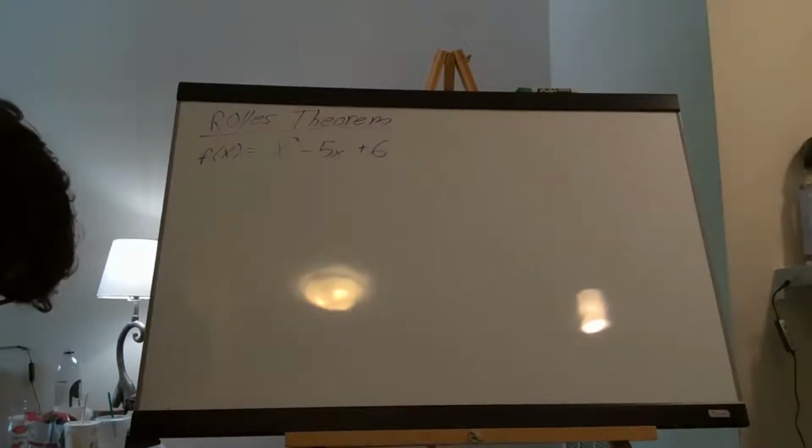So this is the problem. Let's see what Rolle's says about it. f is a function defined on a closed interval AB.